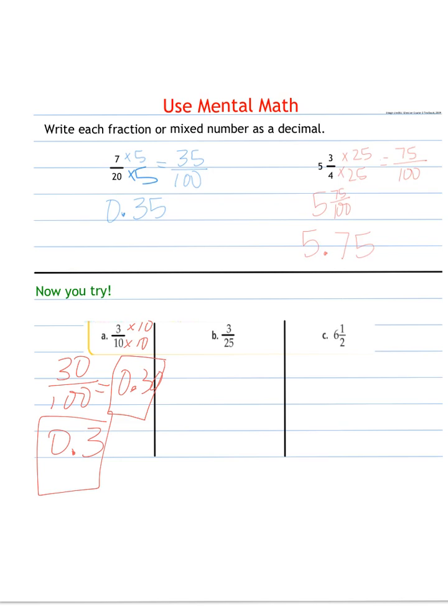Our next one, 3/25. 25 can multiply by 4 to get us to 100. 3 times 4 is 12, so we have 12 hundredths, which written as a decimal looks like that. Next one, 6 and 1/2. Let's look at this 1/2.